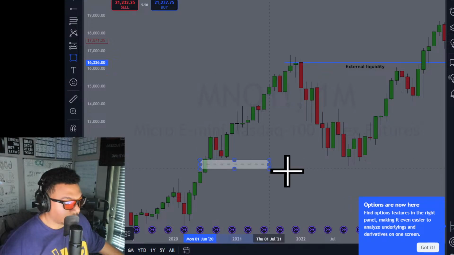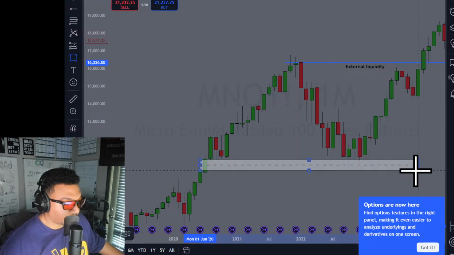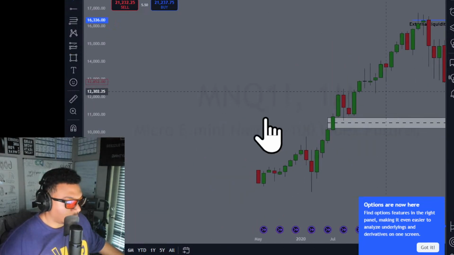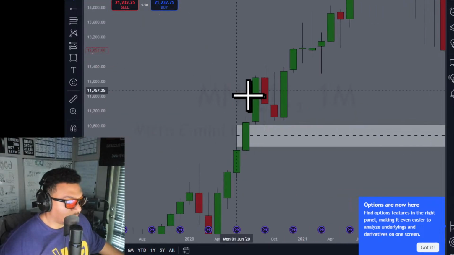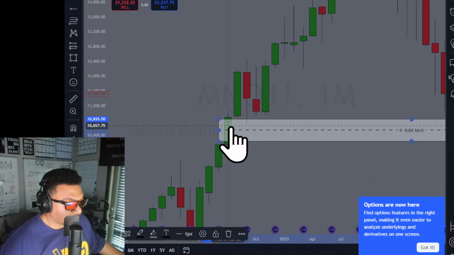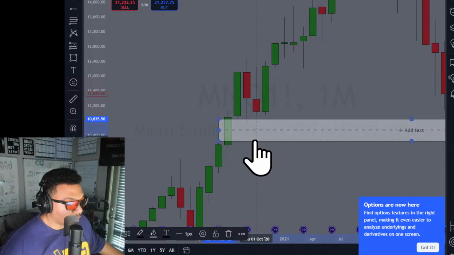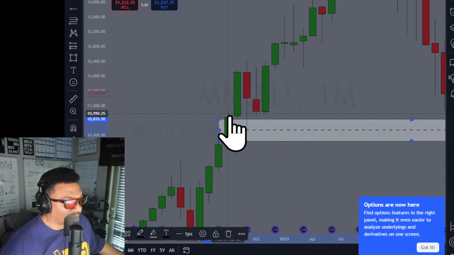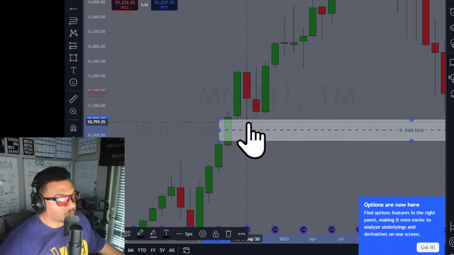So right here, this is considered a fair value gap. Again, please go study other videos, but this candle before and after, the wick, the little line on top of these candles, they did not overlap. It creates a gap in price where it's inefficiently booked, where there were only buyers and no sellers. So it needed to be rebalanced.